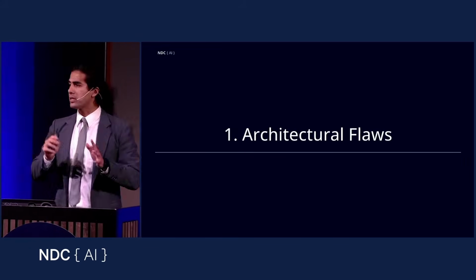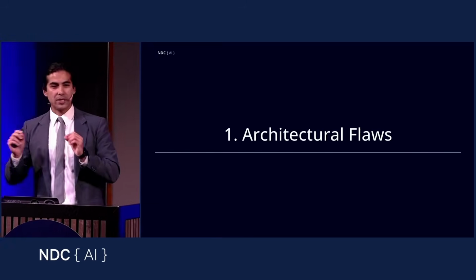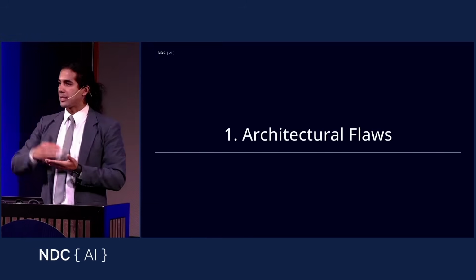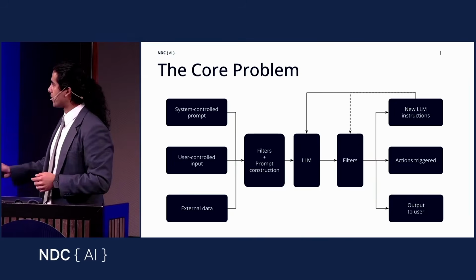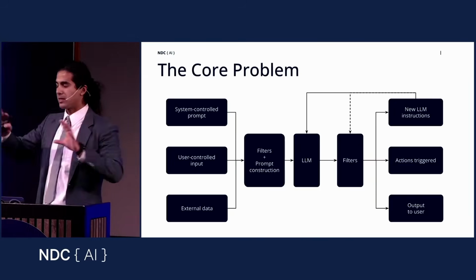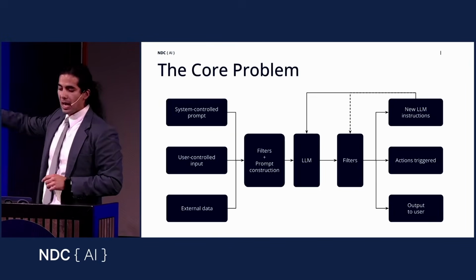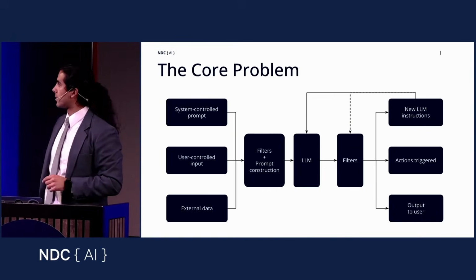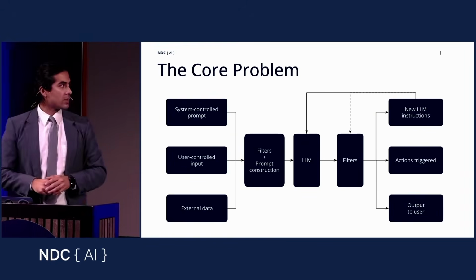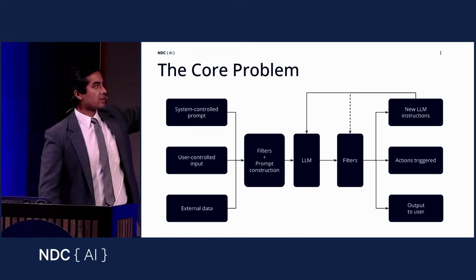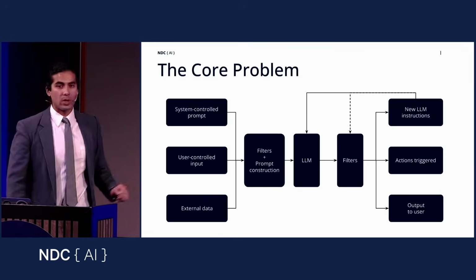So I've already discussed some of the architectures of AI systems when I mentioned that they're created to generate the next token, not to be factual. But here we're going to dive a little deeper into a high-level overview of these systems. This is perhaps the core problem of machine learning systems, especially Gen AI systems: we have some system prompt, we have some user input that goes into the models, and then we have some external data.